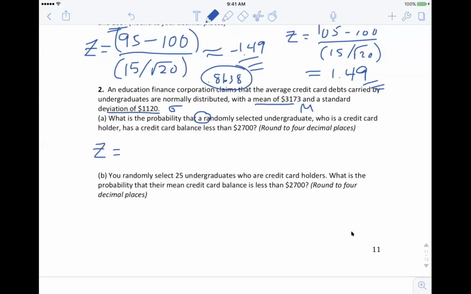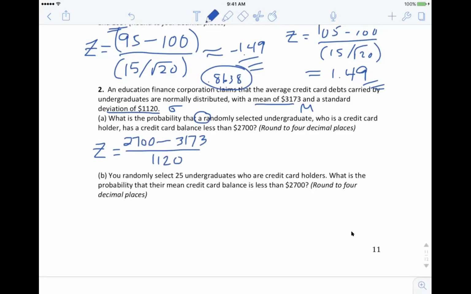The z is, the first value always comes from the question. Next is always the population mean, and then divided by the standard deviation. I could even still divide by the square root of n, because here n is 1, taking one person. The square root of 1, I don't really need it, since dividing by 1 doesn't change it.